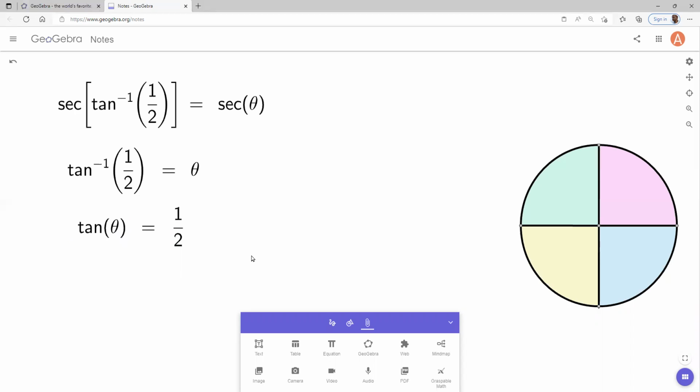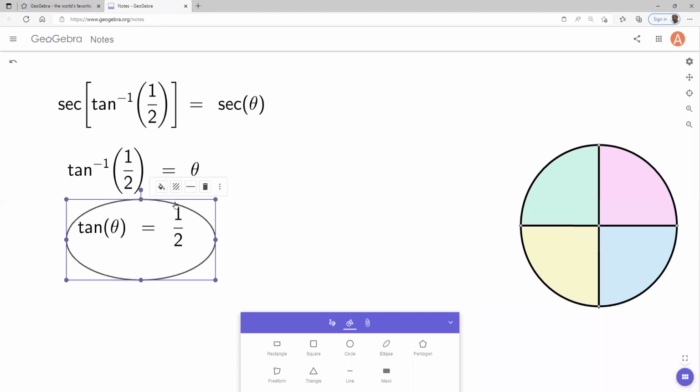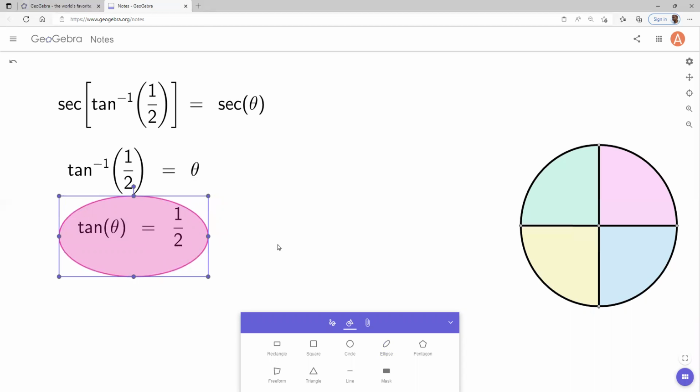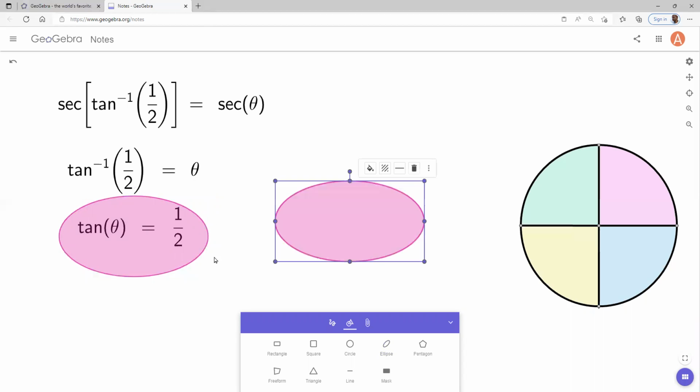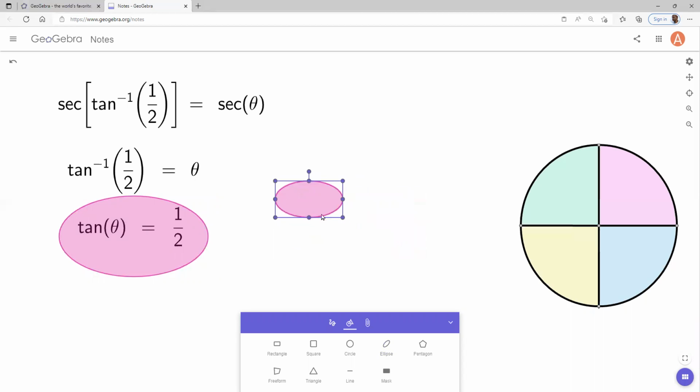So basically, the entire problem now boils down to this. This is known, and theta is in the right half. I need to determine this. That's really what we are after.